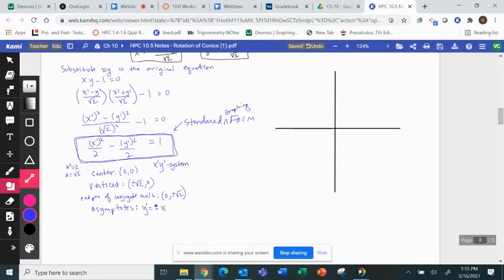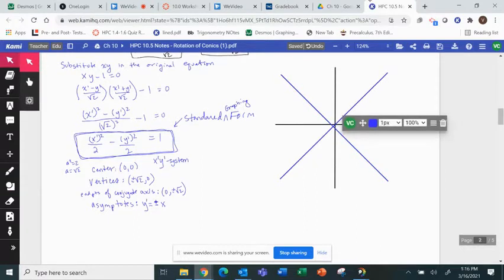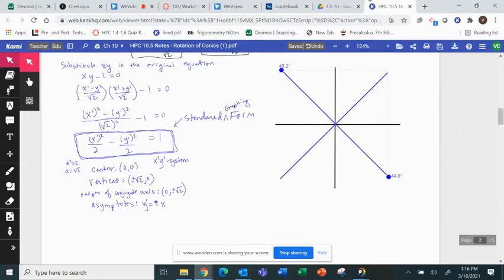Pi over 4, which is 45. So my new x-axis, that was pretty accurate there. I was trying to make it exactly 45. I don't know if you guys know that you can do that with the lines. Oh, this one's not going to be as good. It's pretty close.